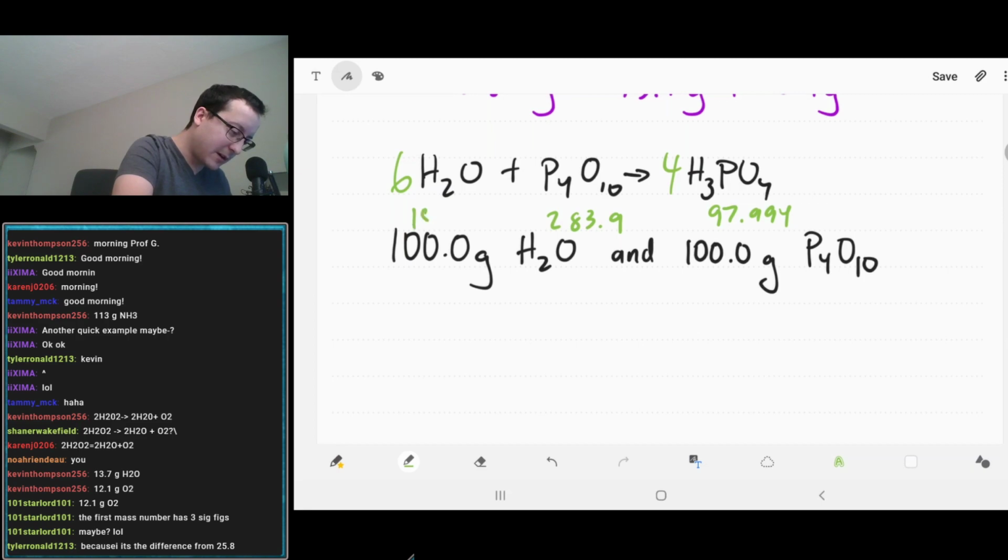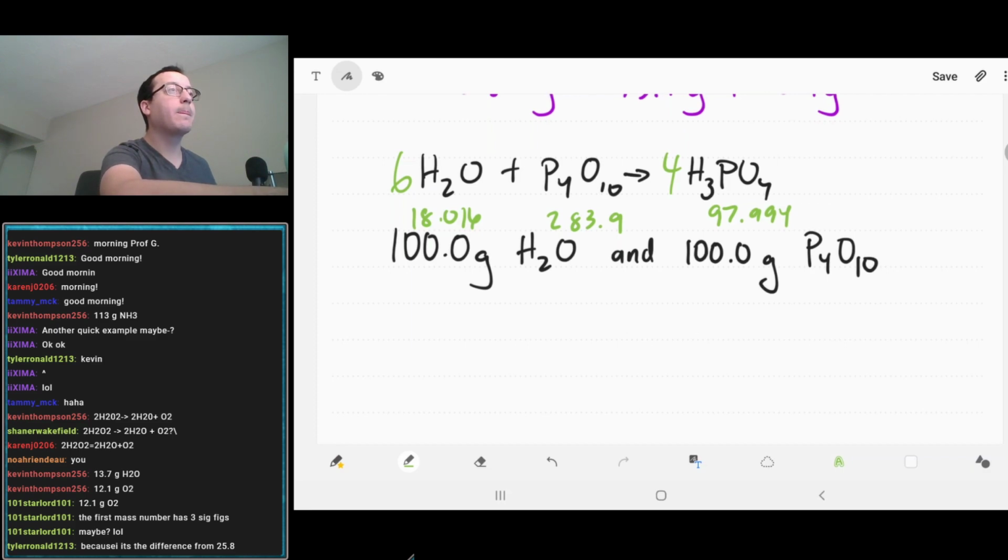And of course, water we had already gotten before. Okay, cool. Alrighty, so there's all the information we have. Let's see how much phosphoric acid we are going to get out of this.